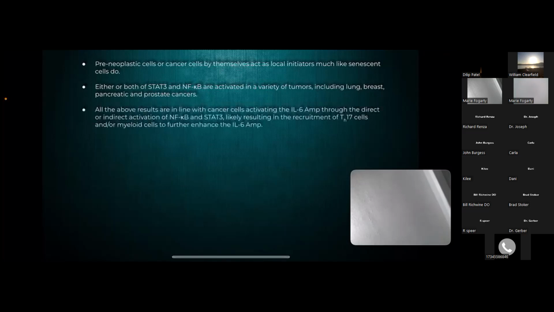All of the above results are in line with cancer cells activating the interleukin 6 amplification through the direct or indirect activation of NF-kappa beta and STAT3, likely resulting in the recruitment of Th17 cells and or myeloid cells to further enhance interleukin 6 amplification. My mentor, Dr. Halassa, it's been all about Th17 polarization with our group for the past 2 years.